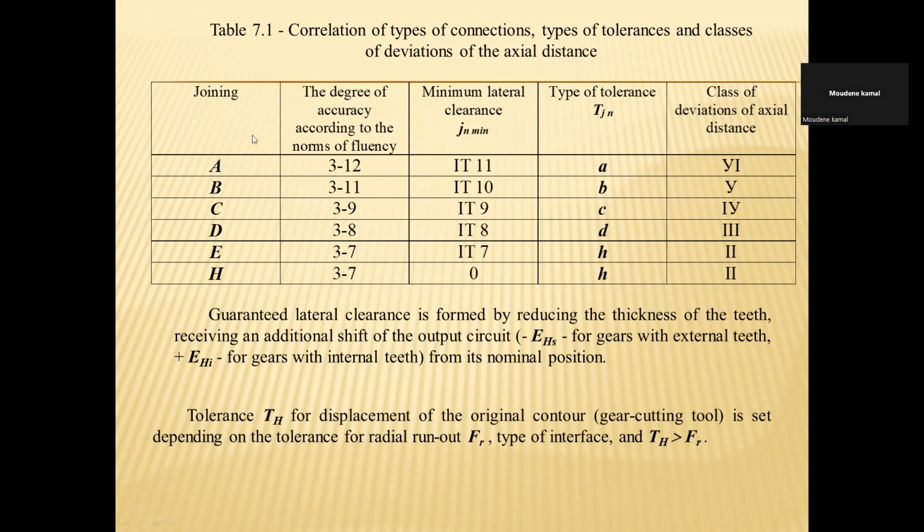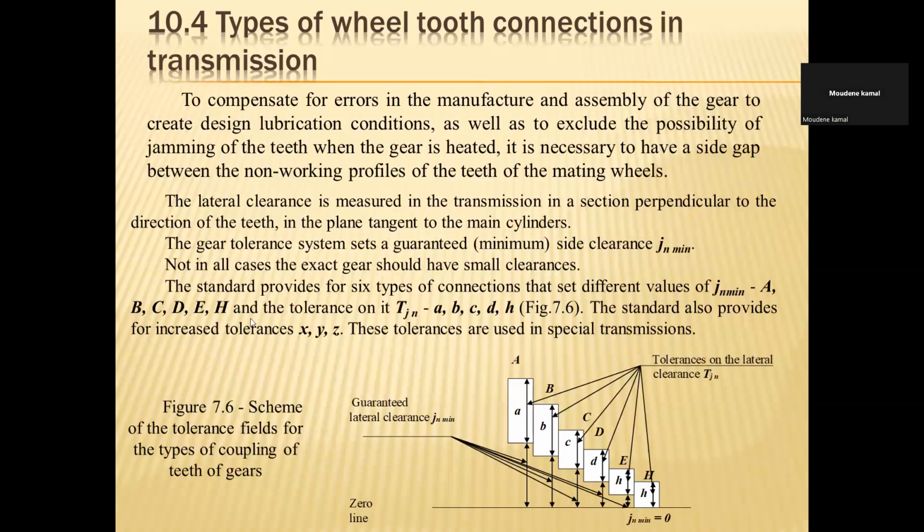You can see the joining A, B, C, D, E, H. It's joining with different values of j_n min. This distance is A, this distance is B, C, D, and E, H. If you have H, then j_n min is equal to 0.